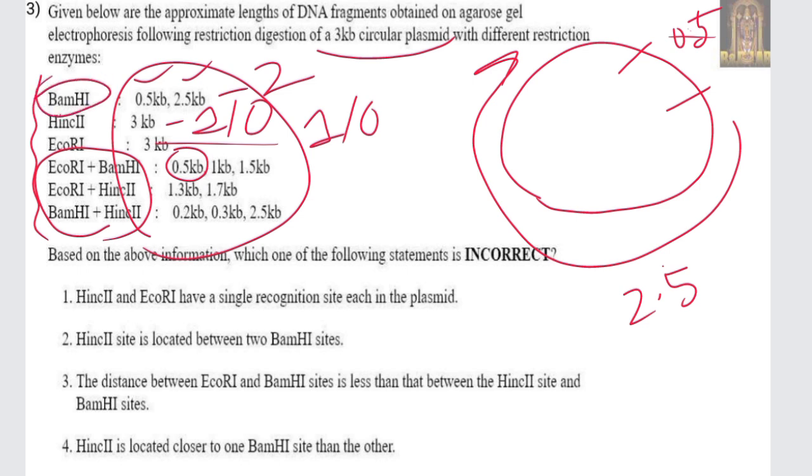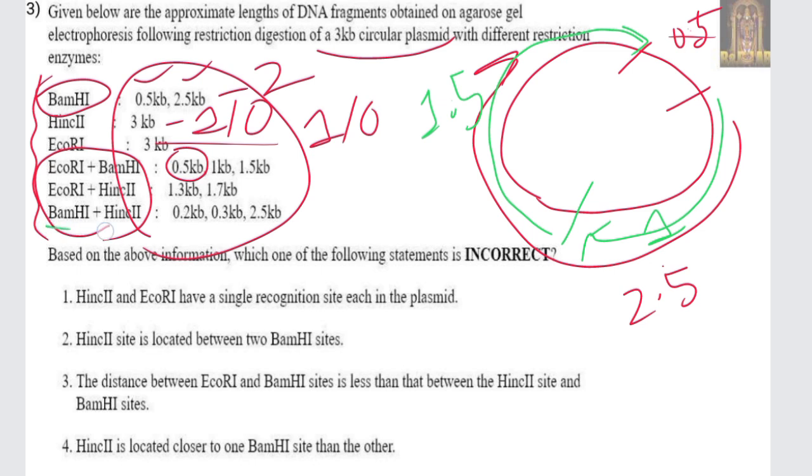So now EcoRI produces that 1 kb and 1.5 kb stretch. So this is the 1 kb one, and the rest is the 1.5 kb.